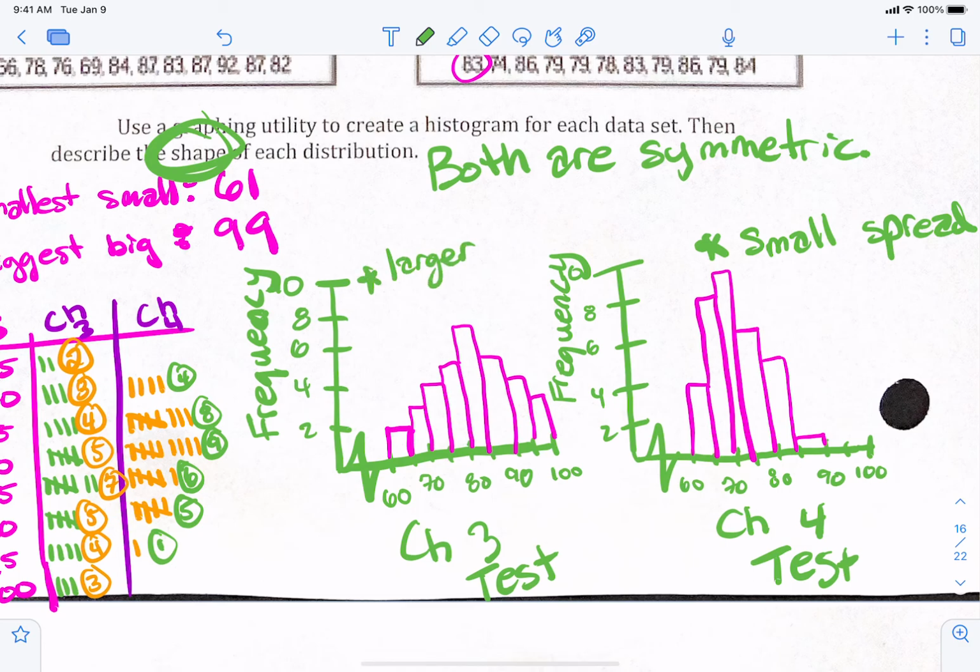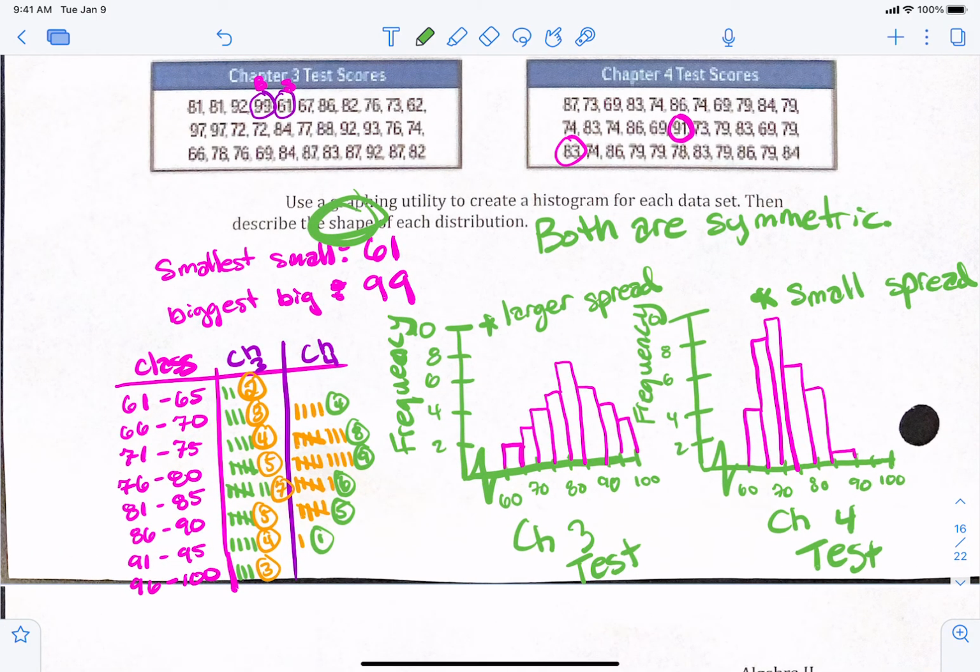Do you see how that's a smaller spread of data? A smaller spread of data will have taller towers. Does that make sense why? If you have a smaller spread, the towers are going to be taller because you have more frequency within that smaller range. Both are pretty symmetric.